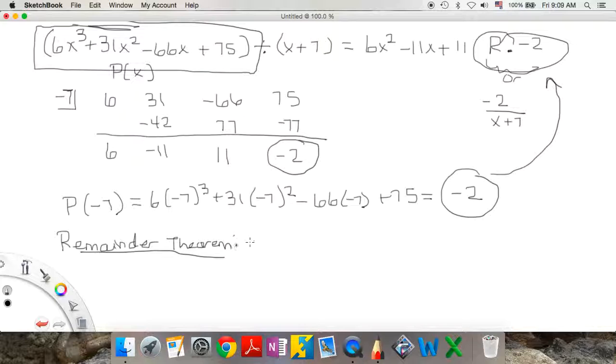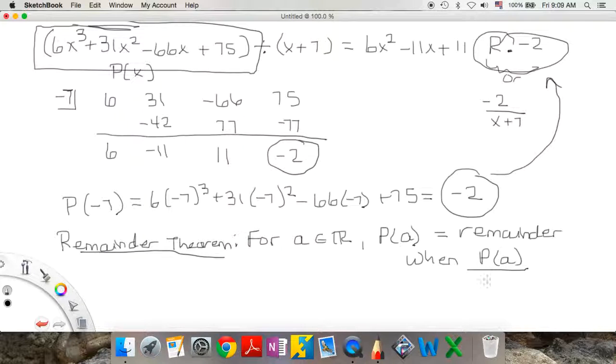And it says, for some number a that happens to be a real number, if we take our polynomial and evaluate it at that number, we're going to get the remainder when we take p of x divided by x minus a. So here we divided our p of x by our x minus a.